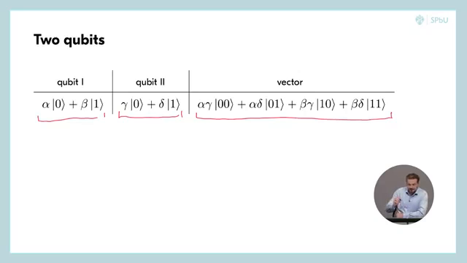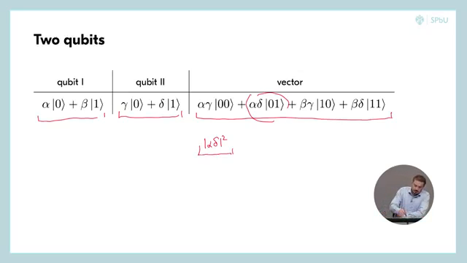And for any state, for example this one, the probability of obtaining this state after the measurement is alpha delta squared. So we have everything we got used to in the case of one qubit.